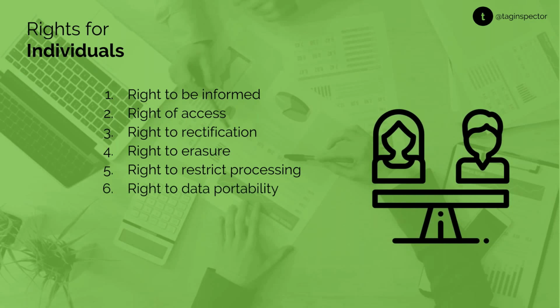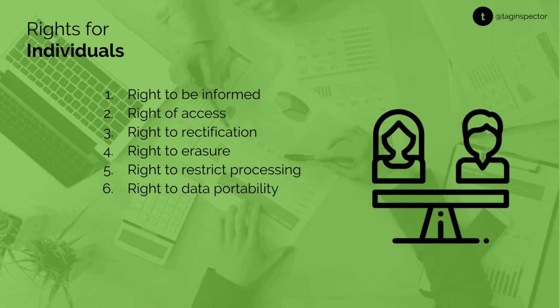And then finally, number 6, they have the right to data portability, which applies to their right to receive data from you in a clear, usable format so that they can then take it to another controller to be able to use.